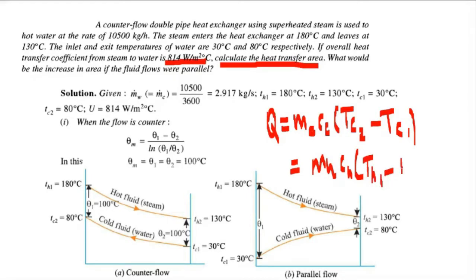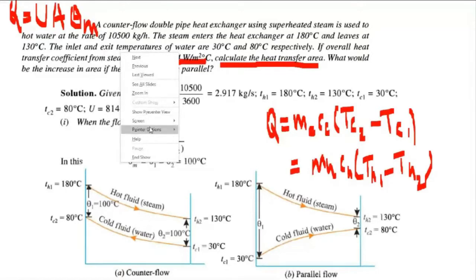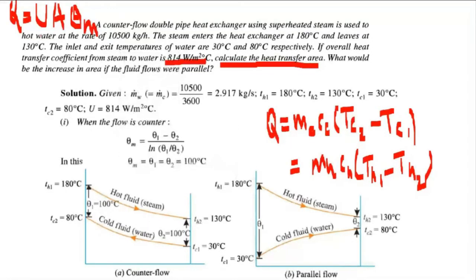And what is the third relation? Anyone, what is the third relation for heat transfer? U A theta M, where U is overall heat transfer coefficient, A is area of the heat exchanger, and theta M is logarithmic mean temperature difference.